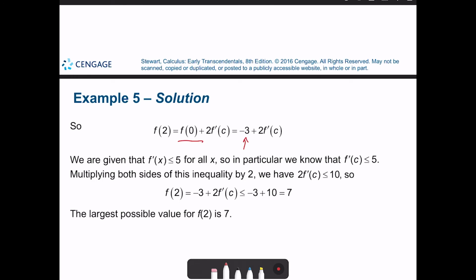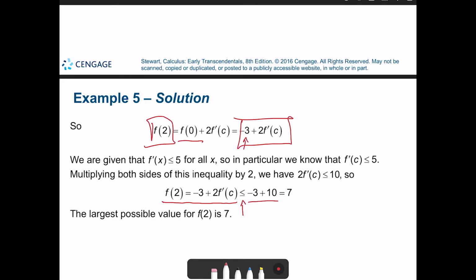All right, so let's stay focused on this. F of 2 equals -3 plus 2 times f prime of c. I'm seeing those same components down here, and we were told that this quantity needs to be less than or equal to -3 plus 10.